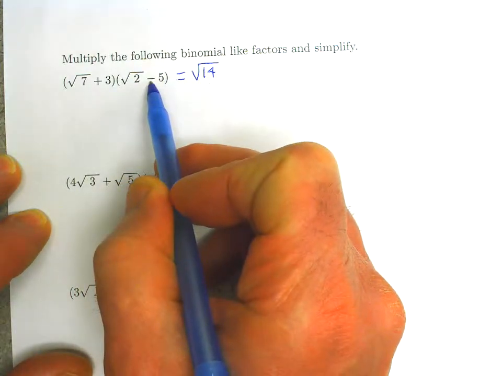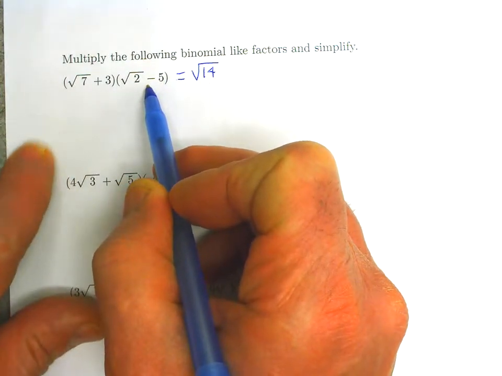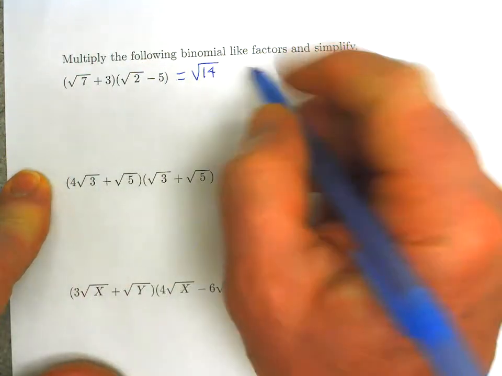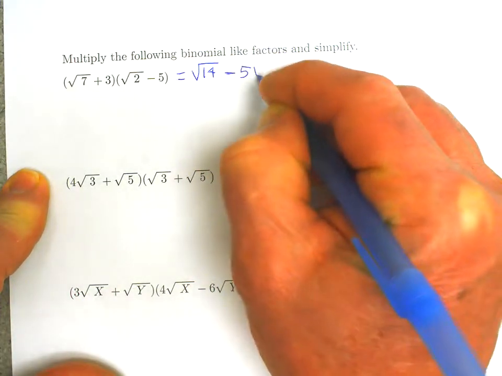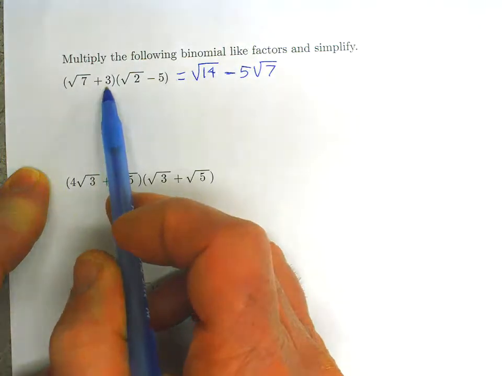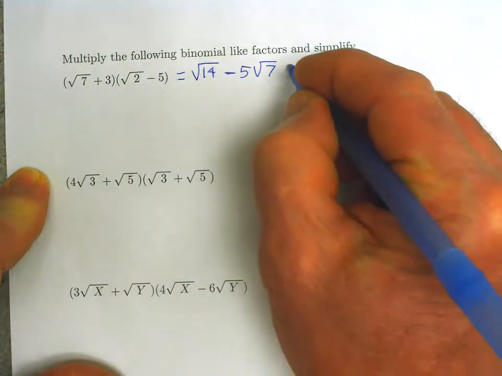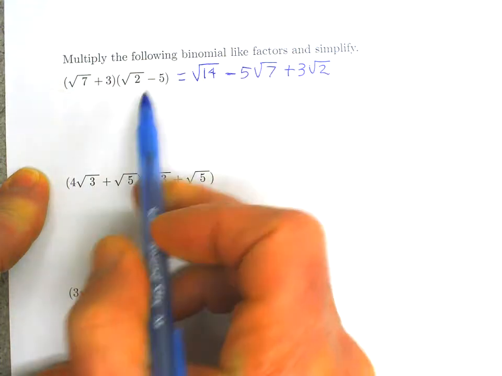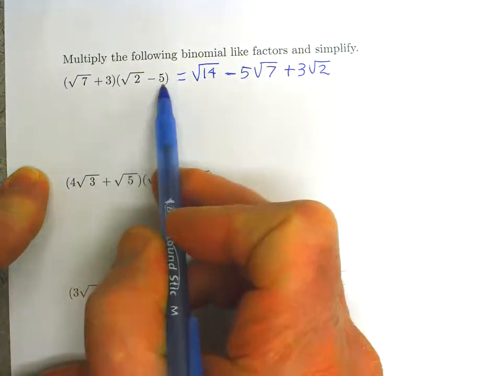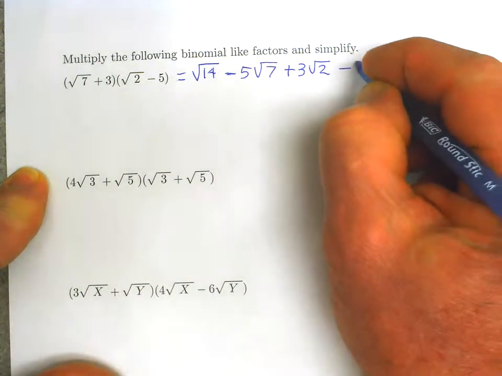And then we subtract the square root of 7 times 5. So we'll write that as minus 5 times the square root of 7. And then we add 3 times the square root of 2. And finally, we subtract 3 times 5. So it's minus 15.